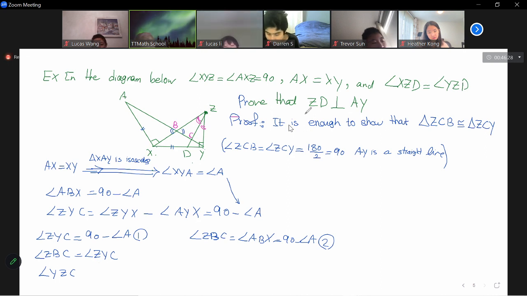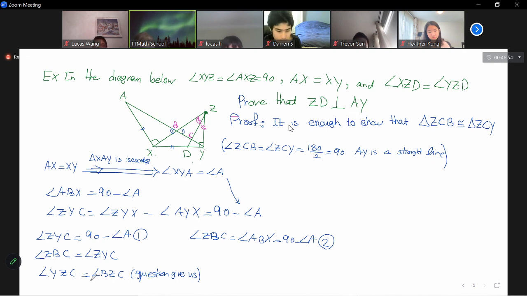According to the question itself, the angle YZC is equal to the angle BZC. The question gave us that, right? These two angles are the same. And we proved ZBC and ZYC are the same, right?